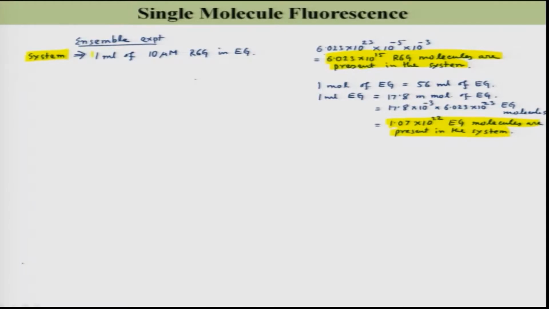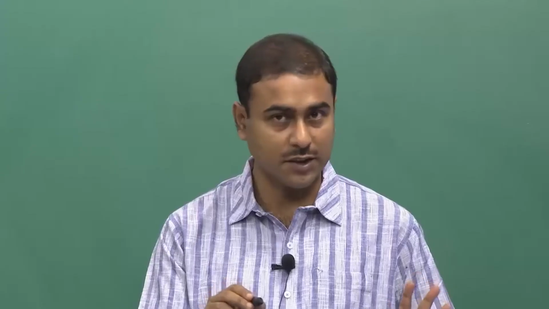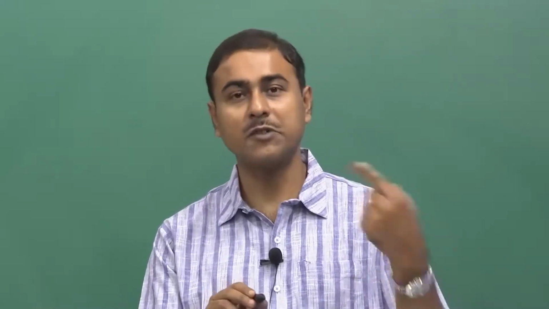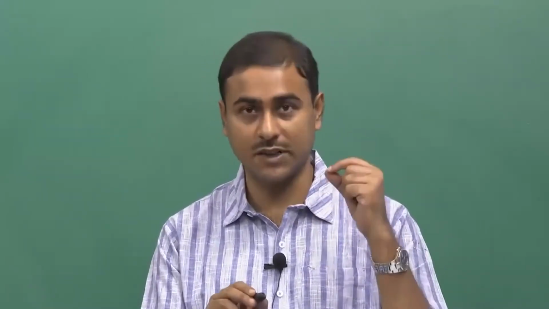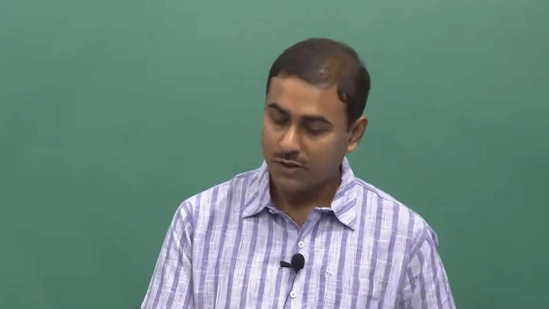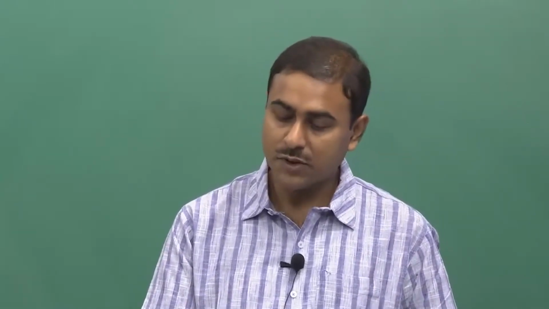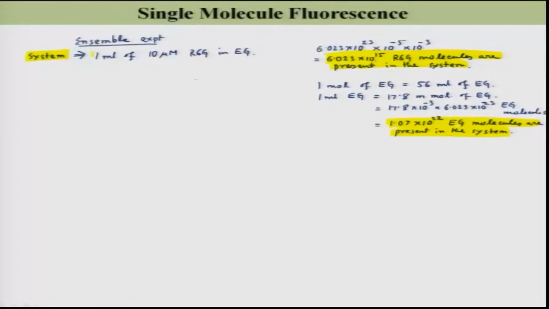Now, if I consider that one rhodamine 6G molecule, right, the fluorescence quantum yield is 1, that I have already assumed. So, it will give 1 photon, right, or unity emission intensity, right. So, 6.023 into 10 to the power 15 rhodamine 6G will give the emission intensity.